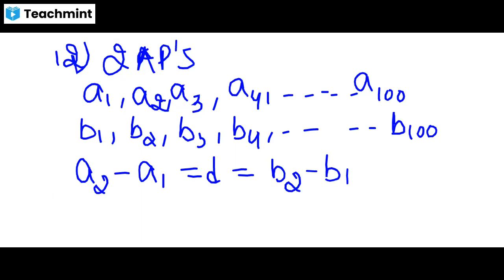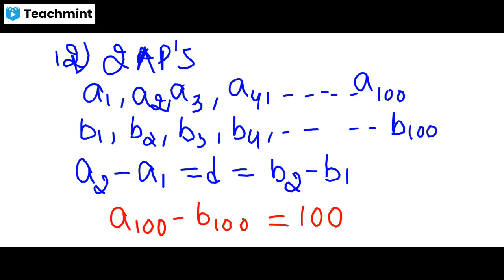That is B100. Now what have they given? The difference between their 100th terms. Difference means what should we do? Subtract, very good. So A100 minus B100 is equal to what they have given, 100. A100 minus B100 is 100, they have given.